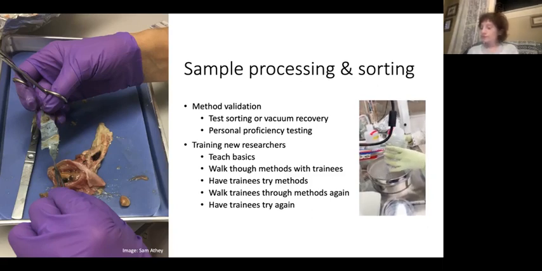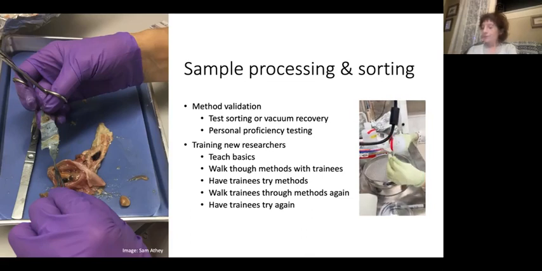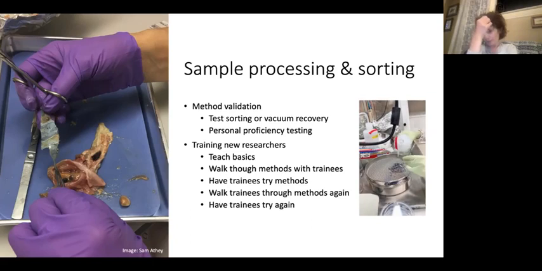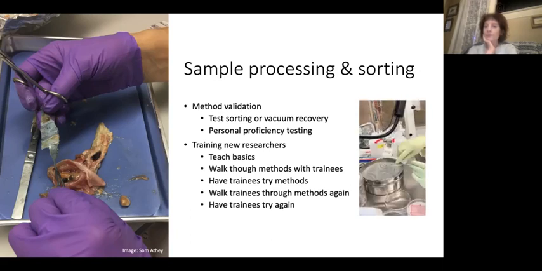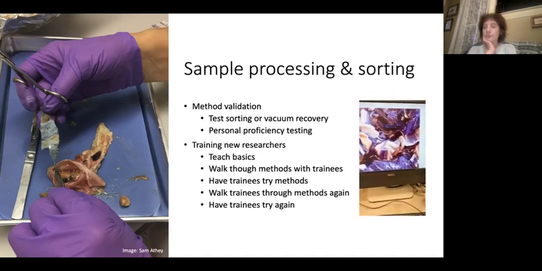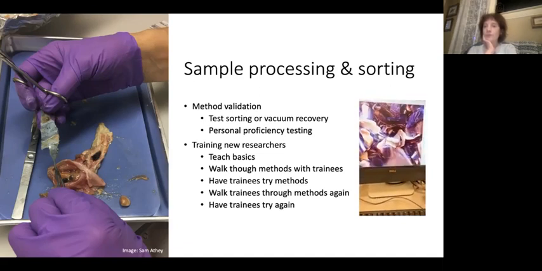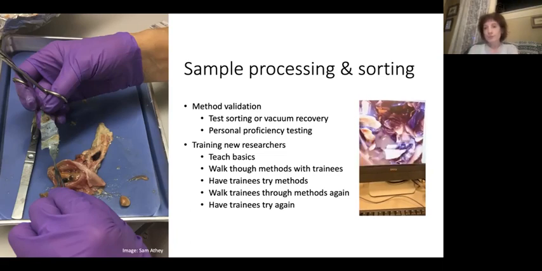Here I am sieving the remaining sample through a 1 millimeter sieve to separate the larger shell pieces from the smaller sediment so I can look for any plastics that might still be in the sample. After this step, I will vacuum filter all of the liquids from this sample through a 20-micron filter and analyze this filter under a microscope, picking off any potential plastics I find. These particles will be photographed, measured, and categorized. Then a subset will be analyzed with the micro FTIR to confirm their identity.